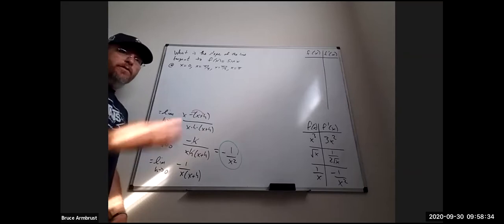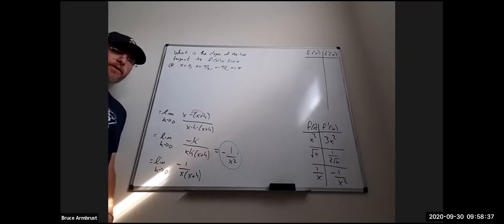So I want 4 of them. I want to know the slopes of the tangent lines at those 4 places.